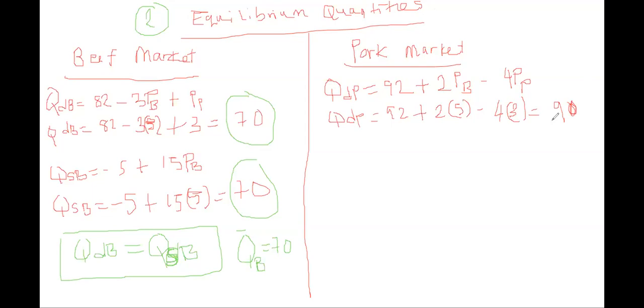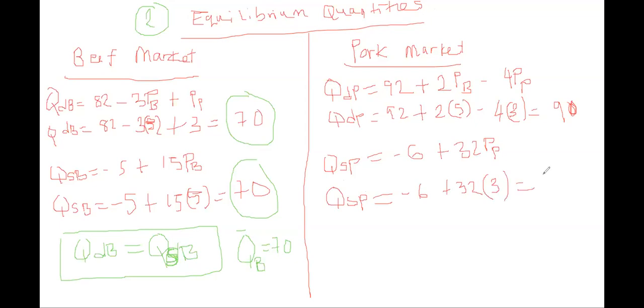You will have 90. But we know that the quantity of pork that was supplied, the formula was given as -6 plus 32 times the price of pork. So if we substitute what we have known so far, we will have something like this: minus 6 plus 32 in bracket times the price of pork, which is 3.